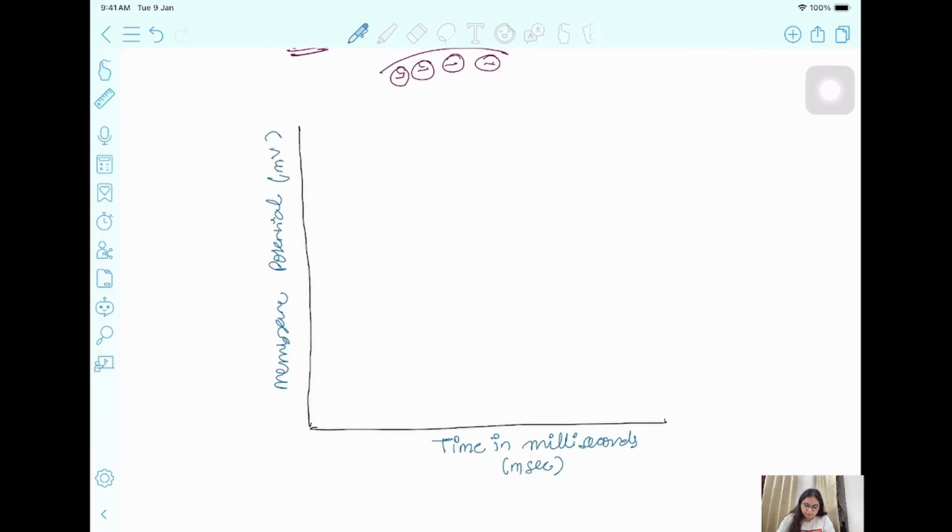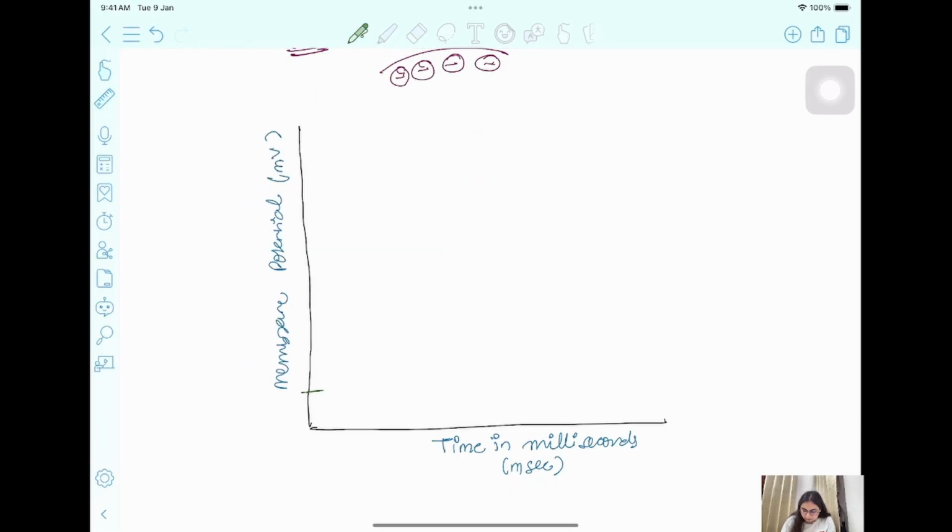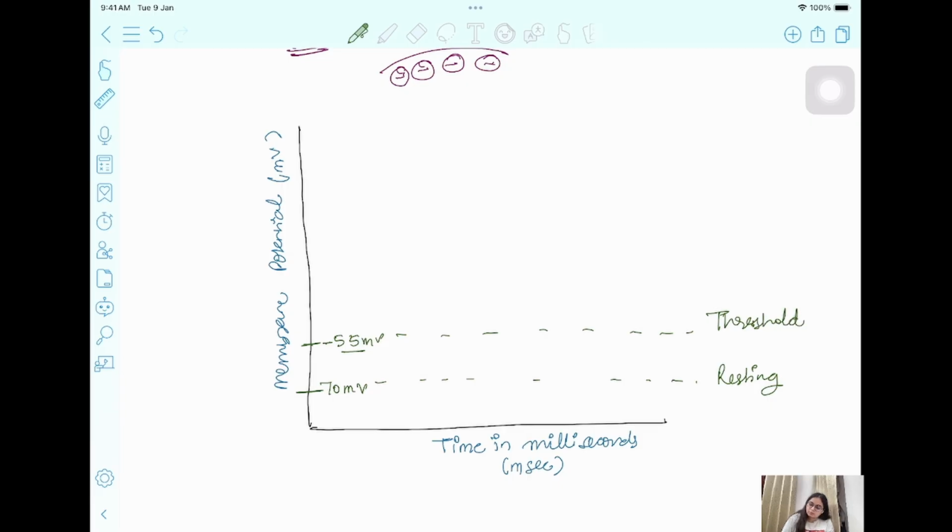Now let's understand this action potential by a graph. On the y-axis, we have the membrane potential. On the x-axis, we have the time. Now, if I mark this as the resting membrane potential, minus 55 millivolts is the threshold, which means the action potential will initiate.